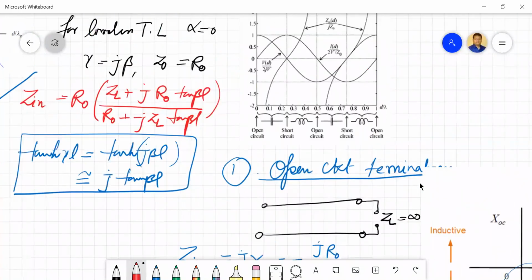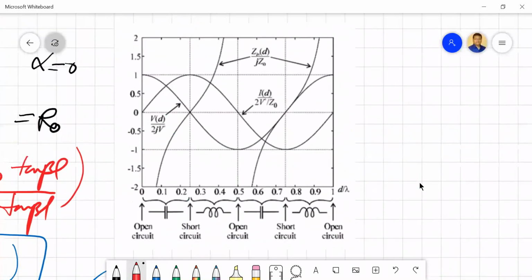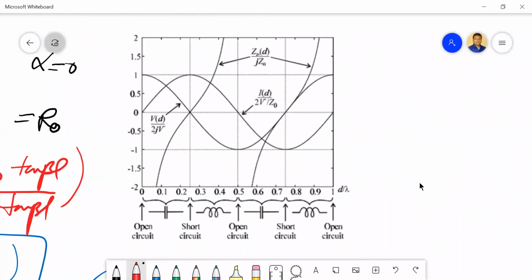we can also see one curve actually. If you see this curve, you will get the real picture, and you're supposed to trace this curve. Fine, these two curves. What you will find is that up to lambda by 4 this is a capacitor, then after that an inductor, then a capacitor, then an inductor, like this.